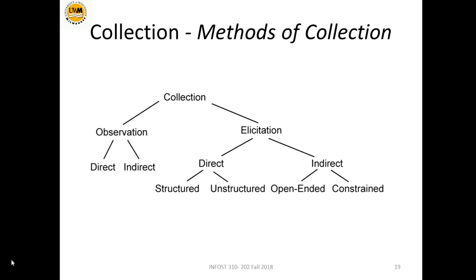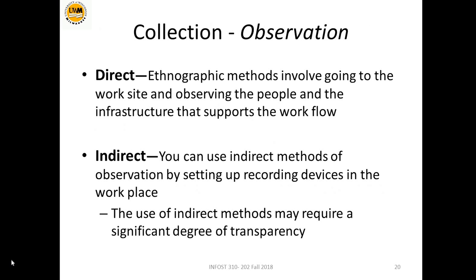Indirect, like questionnaires, and our questions can be structured or unstructured, or can be open-ended or constrained. Direct observation, we use ethnographic methods, like going into the work site and observing the people. Indirect, we can use recording devices, for example.